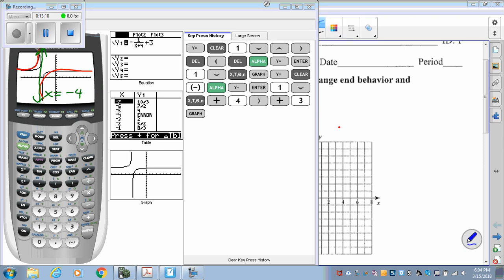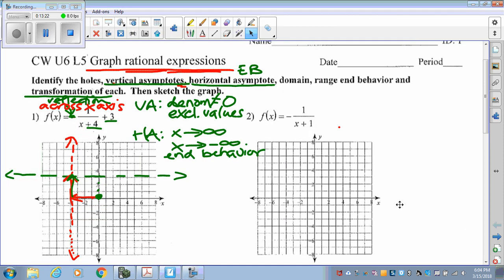And my horizontal asymptote is at y equals positive 3. And again, it's reflected. Now if I'm looking at the domain and range, it's reflected, so it's looking like that.